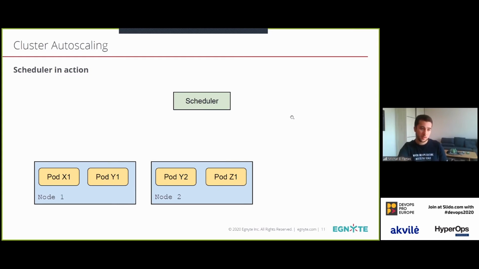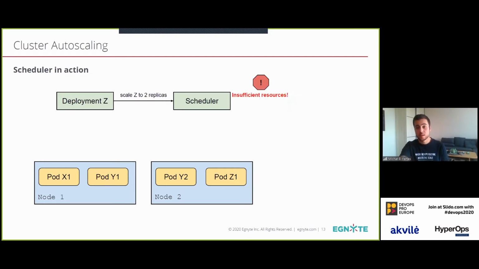So that's the basics. That's the first command you'll launch on a Kubernetes app. But the next step is scaling. Let's say we decide to scale deployment Z to 2 replicas. That's usually the selling point I talked about for Kubernetes, how easily the scaling is there. The scheduler will notice that you have insufficient resources in the cluster.